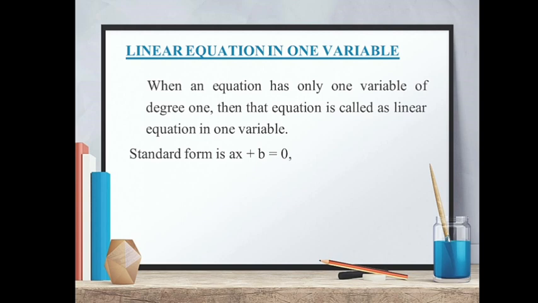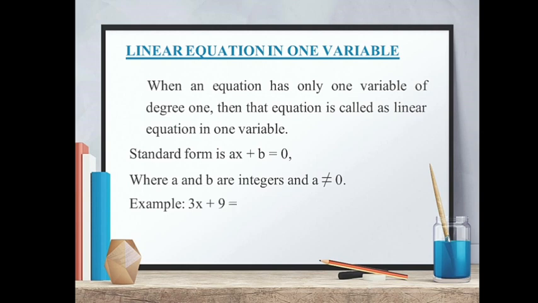This is the standard form of linear equation in one variable, where ax is given, where a is the coefficient, x is the variable and the degree of x is 1, plus b is the constant, and that equals 0. Where a and b are integers and a is not equal to 0.